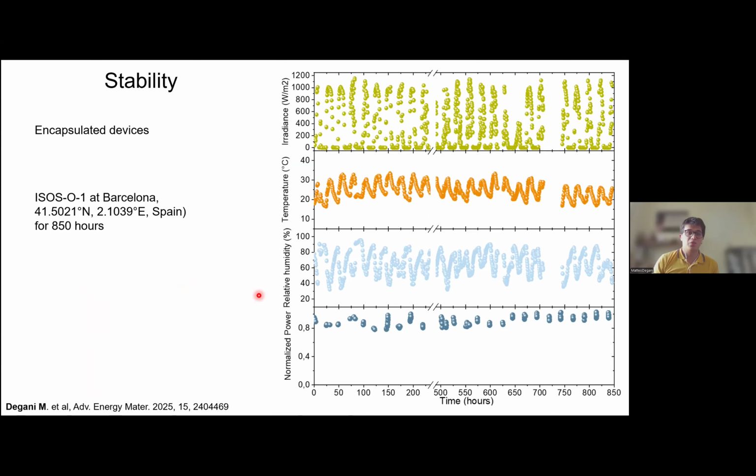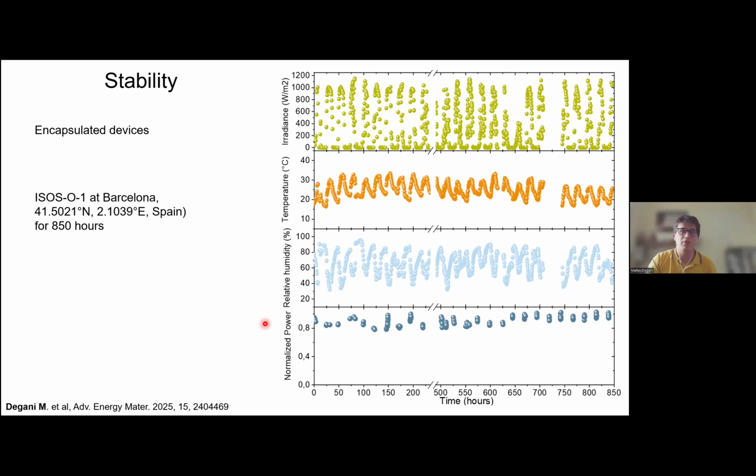And it was summer back then in 2022, and the temperature and also the humidity were pretty high. But nevertheless, the stability performed really well, since we have almost no drop in the power of the device.